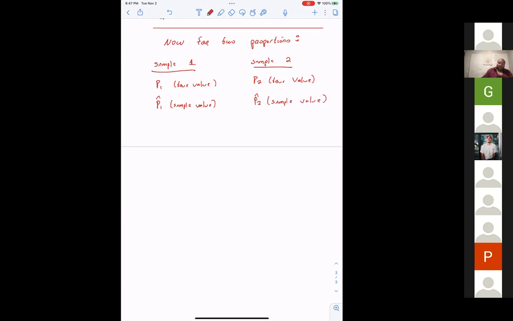What else do you think we're going to need from the first sample and the second sample that might be relevant to actually solving the problem? That we're going to need to plug in on our calculators. What are some other things that we might need to plug in? Sample size. So N1, sample size for the first sample, N2, sample size for the second one.